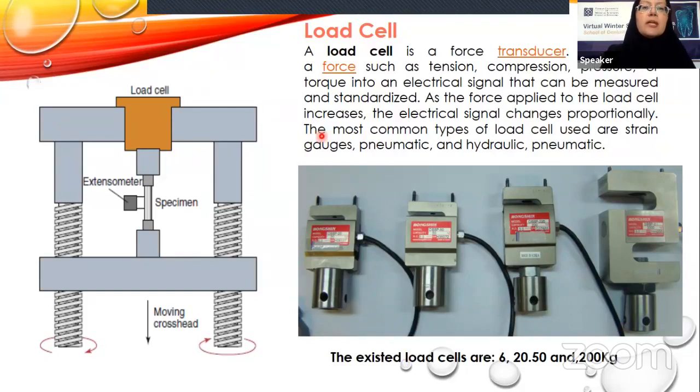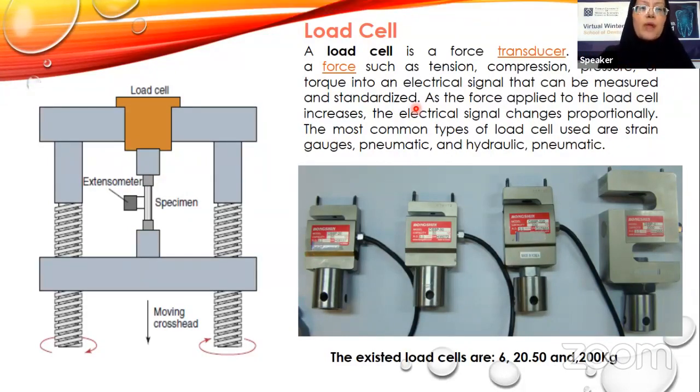Maybe many people think that the load cell applies load, but the load cell is not that. It is just a force transducer, and converts a force, as tension or compression or pressure, into an electrical signal that can be measured and standardized, and the machine can get the signals of the load cell.